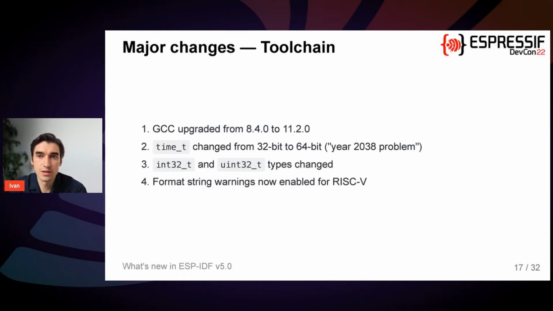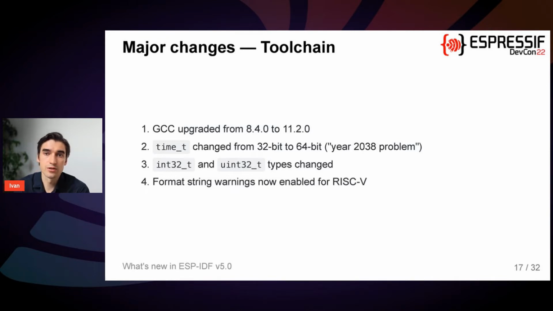We have the GCC release notes and migration guides linked from IDF migration guides, so check out the programming guide, the migration guide section, and you will find the changes that you may need to do from the GCC perspective.